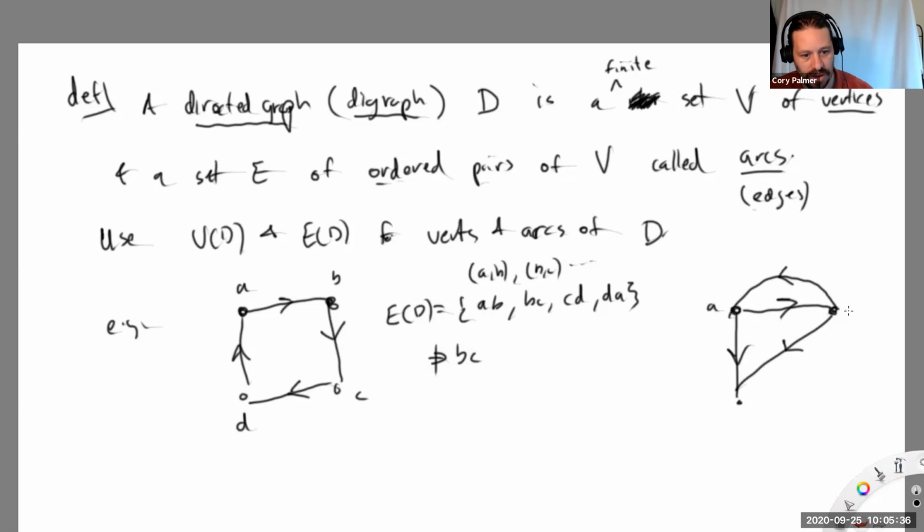This still allows that E of D is a set of ordered pairs, and these are two different ordered pairs. So this is the first thing you're going to see in digraphs that differs from graphs. In graphs, we'd never see this unless we were talking about a multigraph where we allow duplicates of the edge. But in this picture, this is not a duplicate, right? These are two different edges. And if you think about it for a moment, it makes sense, right?